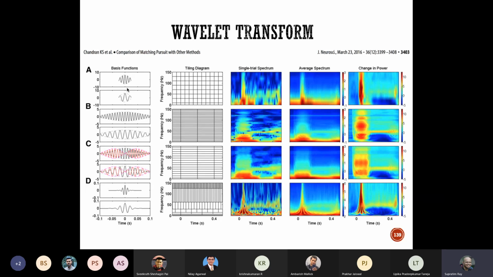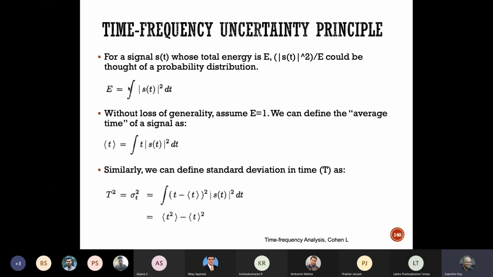And I can actually talk about this distribution of energy in time and frequency and think about the resolution in terms of those. So let me make this more explicit, and this actually leads us to the precise definition of the time frequency uncertainty principle.